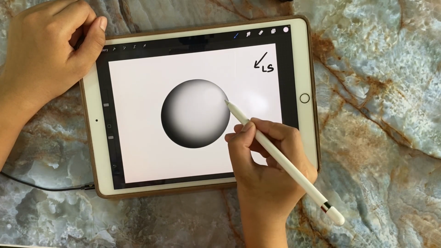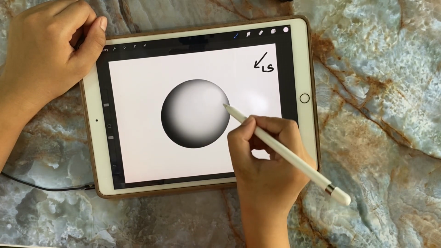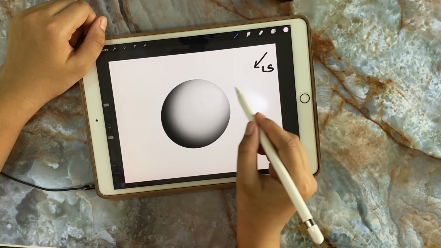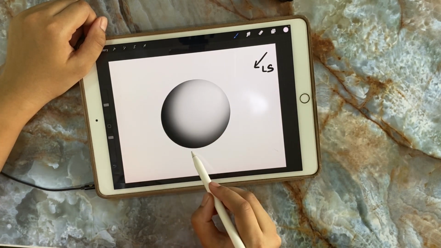So this is how the light will spread on the object. And since the light is in this direction, you will have the shadow here.